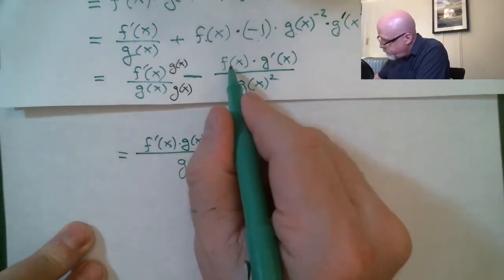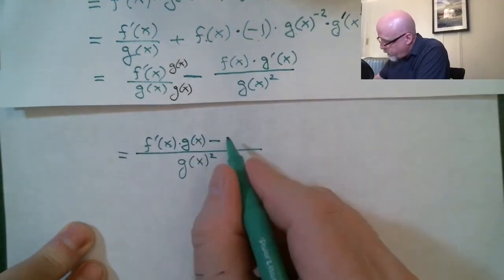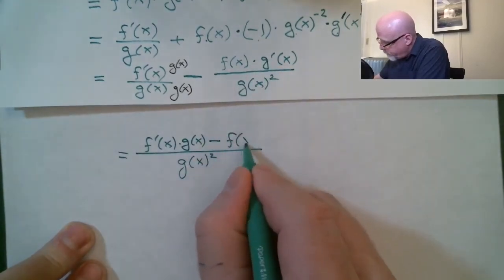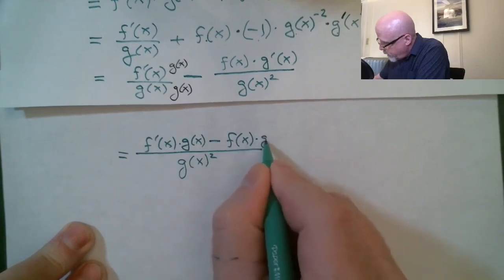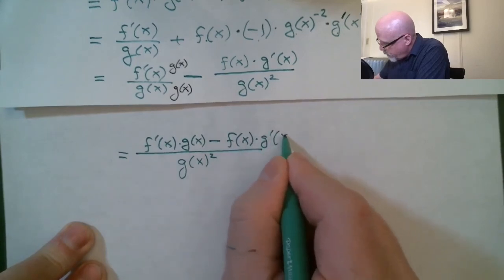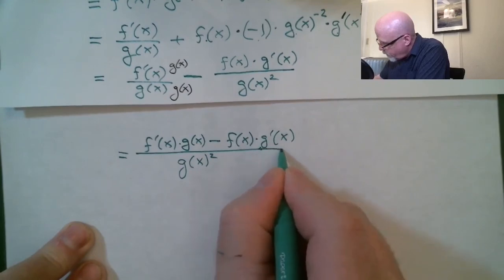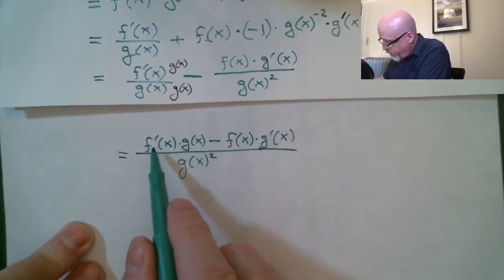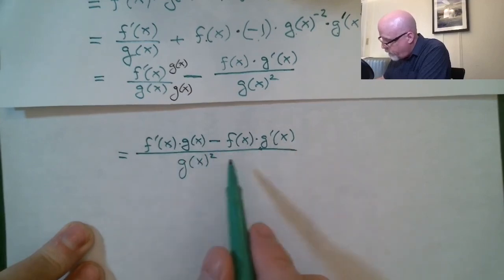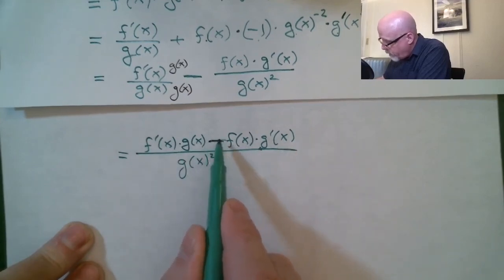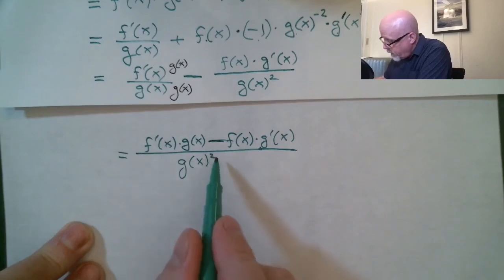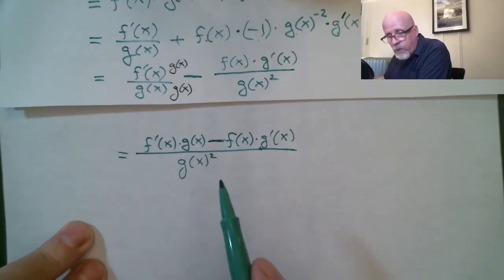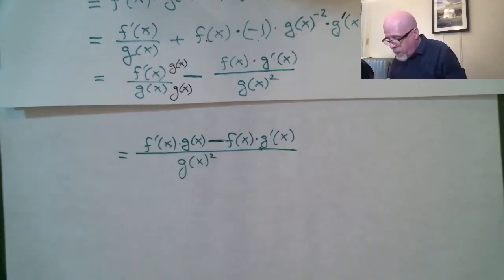And in the second term, it'll be f times g prime. So this is the quotient rule as we saw before. It looks just like the product rule in its form, where the f prime g, then f g prime, except it's got a minus sign, and we saw now where that came from. And I think now we see where the g of x squared in the bottom came from.